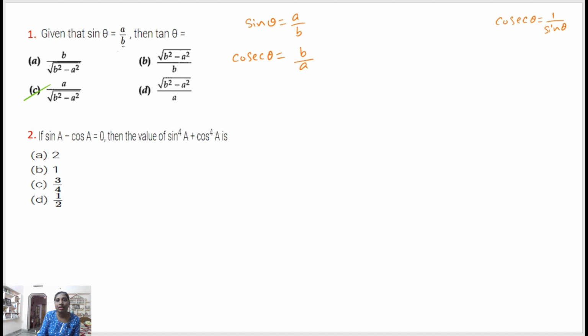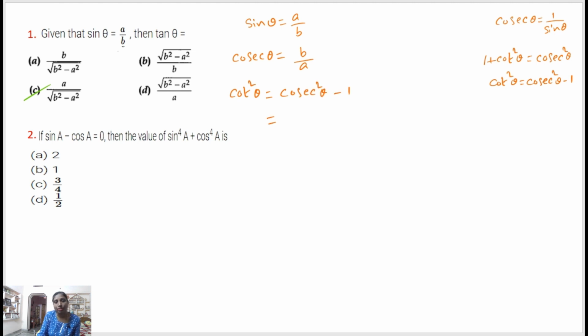Okay, now we will go from cosec to cot. How? What is the identity? We know that 1 plus cot square theta is equal to cosec square theta. So cot square theta is equal to cosec square theta minus 1.